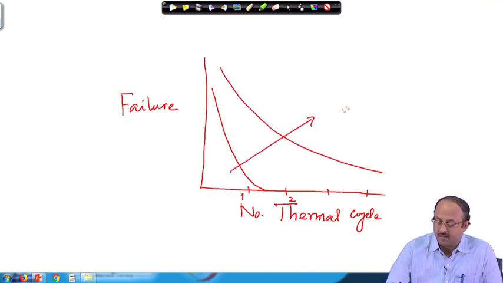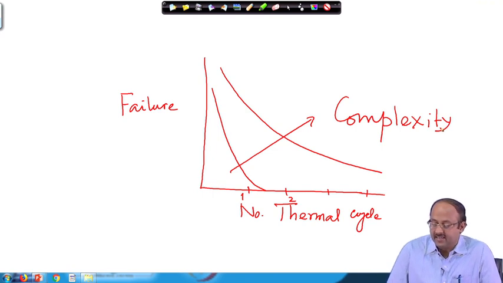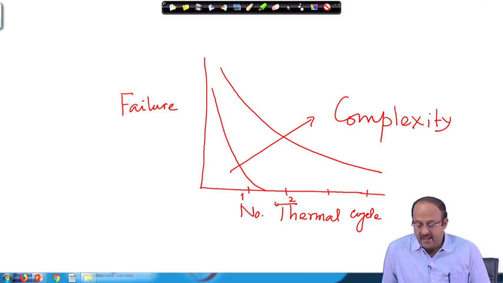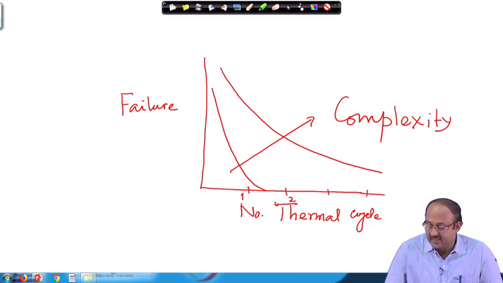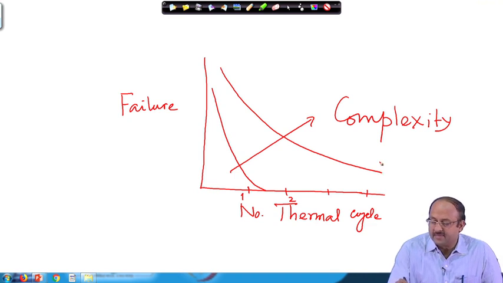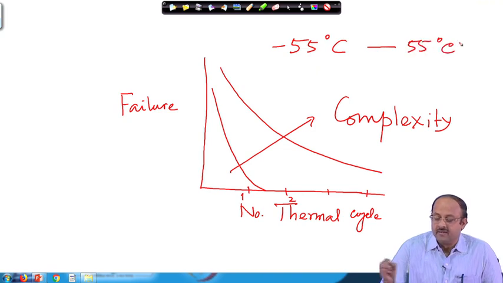So, this is the complexity. As complexity increases, we will have to go for more thermal cycles. And here this thermal cycle goes from around minus 55 degrees Celsius to 55 degrees Celsius.